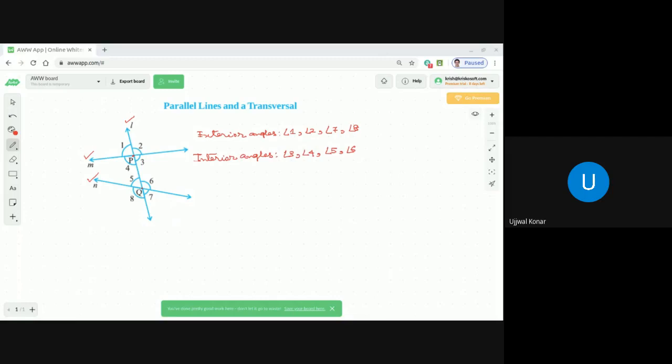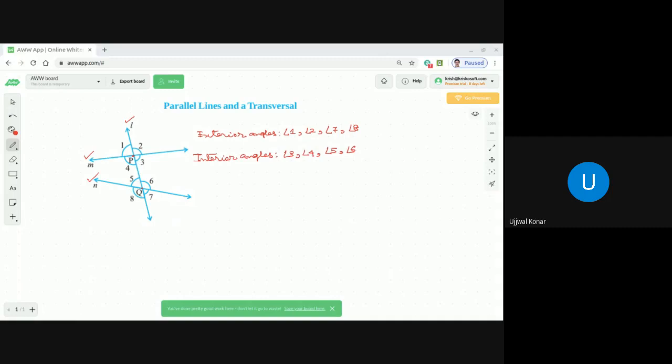Now, we can name some pairs of angles formed when a transversal intersects two lines. Many of you studied this in your previous classes, but let me confirm: there is something called corresponding angles. Angle 1 and angle 5 are corresponding angles.